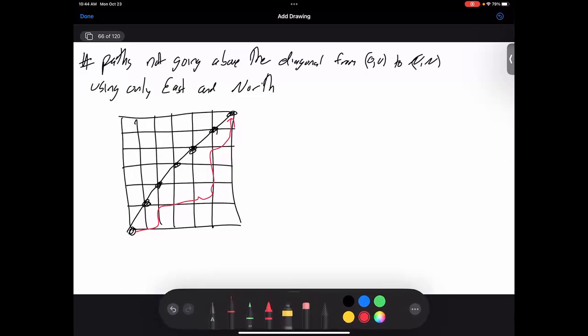Any path that doesn't cross is fine. And I say, well, always below. Because if I allow myself to always be above, I would just double. So I want to always be below, and I never want to cross the main diagonal. I'm allowed to hit the main diagonal. I could have something like this. I hit it, I move, I hit it again. That's fine. I just can't get above the main diagonal. Okay, can somebody give me an upper bound for the number of paths?